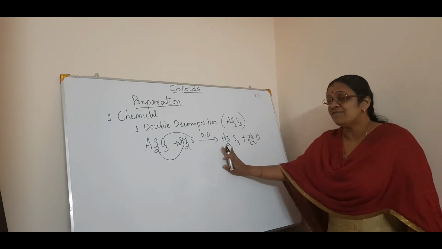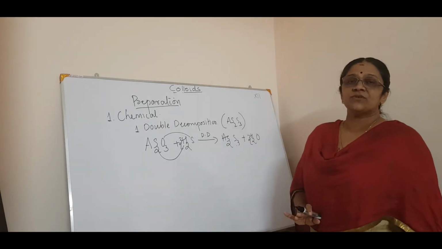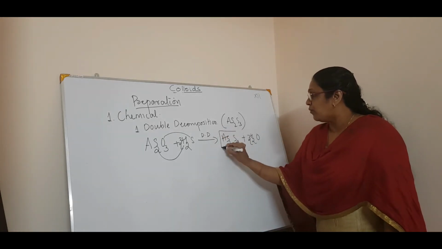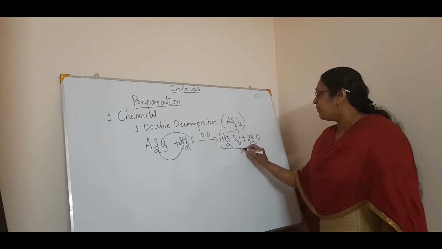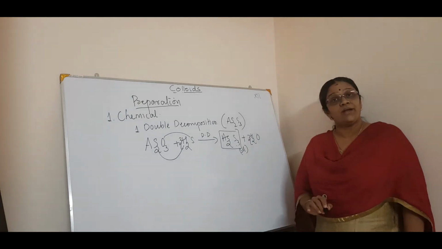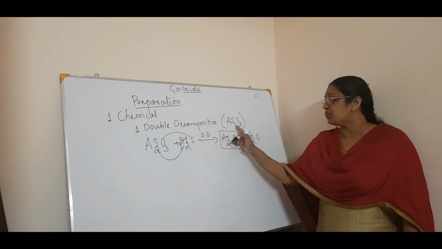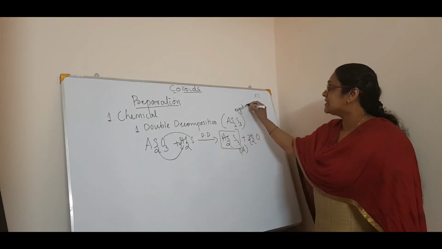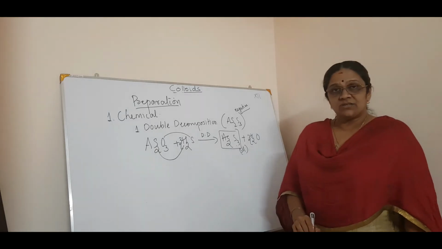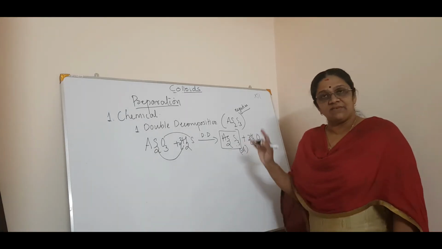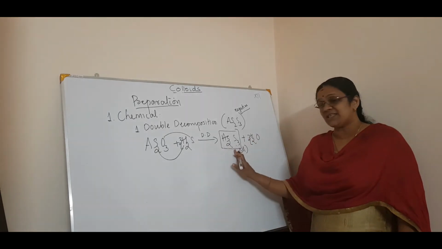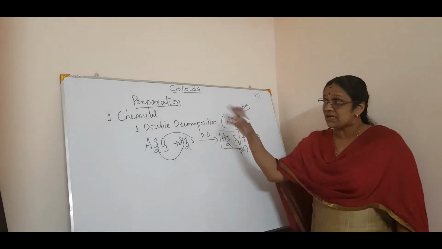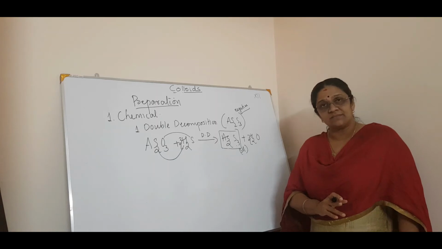So this is the first chemical method, double decomposition, to obtain arsenic sulfide sol, As2S3. In fact, this is a negative colloid that we will study later, as the charge will be negative.